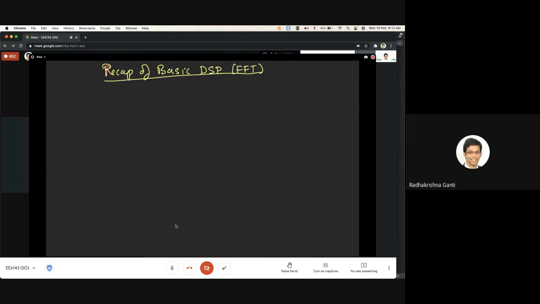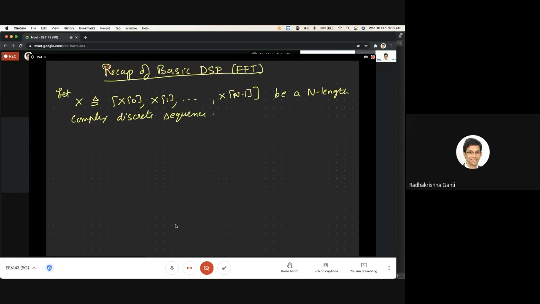So let x be defined as an n-length discrete complex sequence. You can think of this as your discrete complex samples. This is an n-length sequence, starts at 0 and ends at n minus 1.